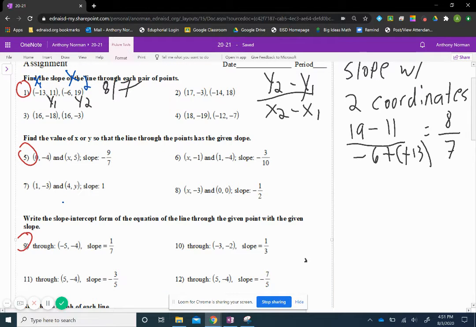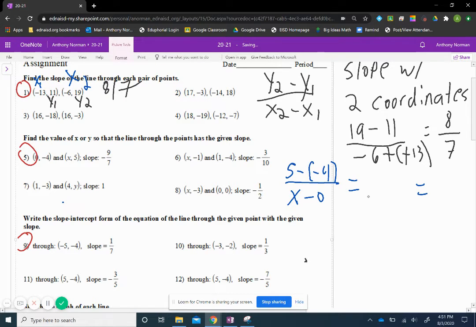So next we have question number 5. To find the value of x or y so that the given line through the point has a given slope. Do what now? It's pretty straightforward. We're going to use the same formula that we used up here, and we're going to be doing a little tiny bit of algebra. So y2, 5 minus y1, minus 4, divided by x2, which is x, minus 0 equals something.